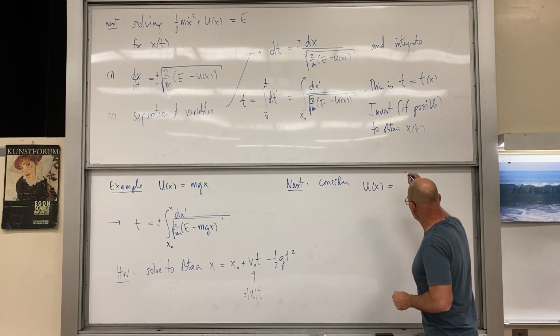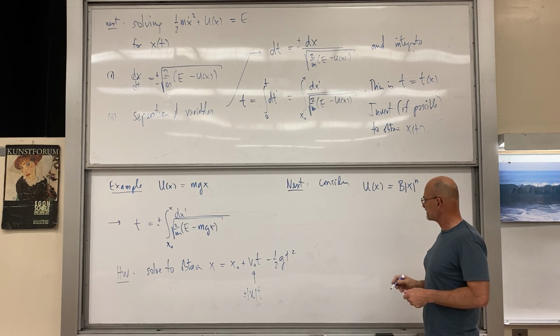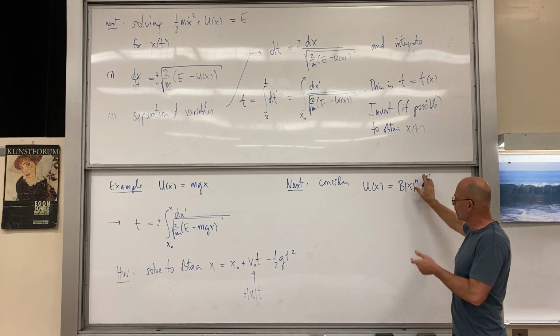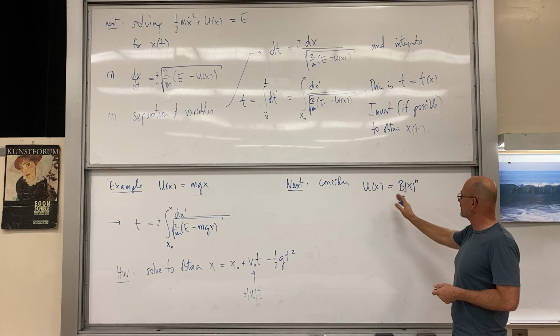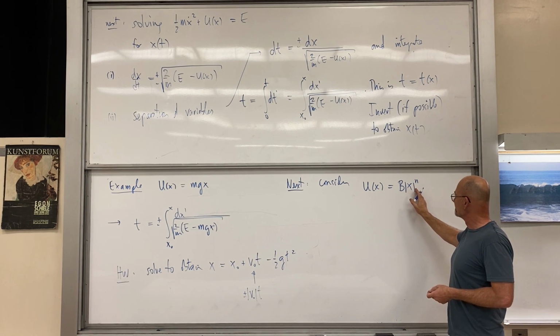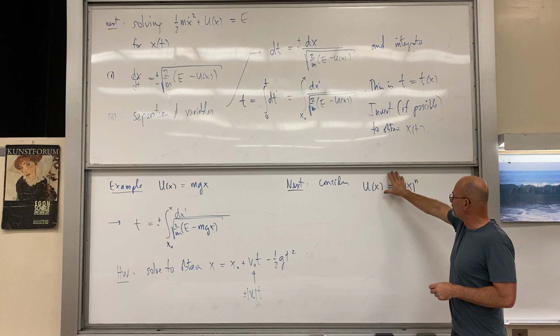U of x is equal to some constant times the magnitude of x to the nth power. And we'll specify what n can be, but n can be quite a lot of different numbers. It could definitely be all the positive integers, but it could also actually be negative integers. Okay. So that's a very general form.